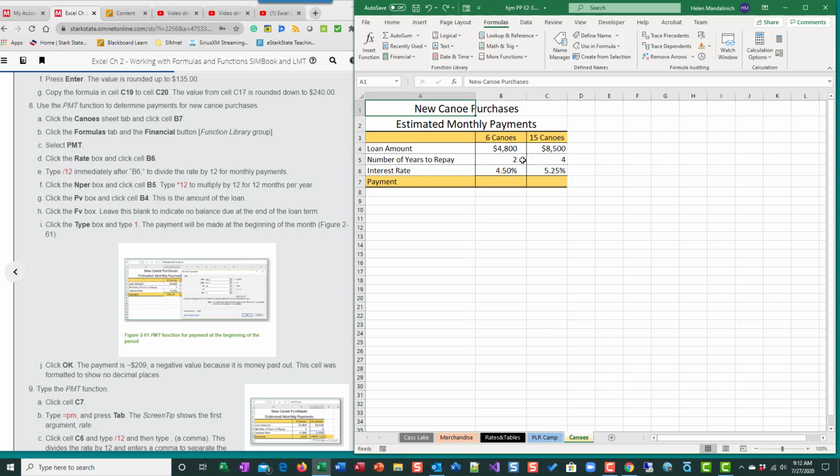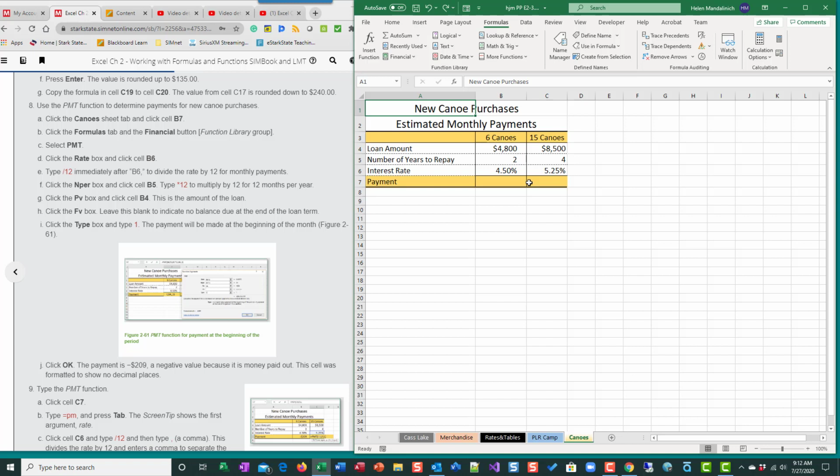It would take me 2 years to pay it back, and the interest rate I could get was 4.5% annual. For 15 canoes, it would be $8,500. It would take me 4 years, and the interest rate is a little bit more. It's 5.25% annual. So the payment function will tell me for each of these loans what my monthly payment would be.